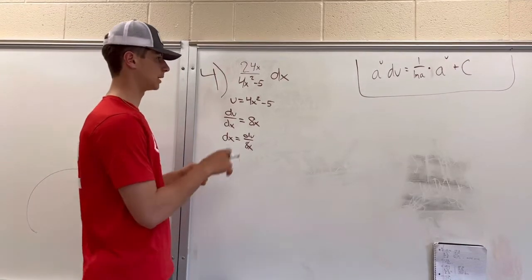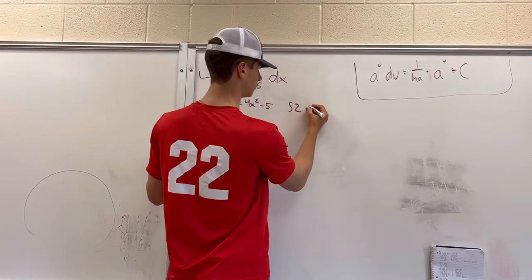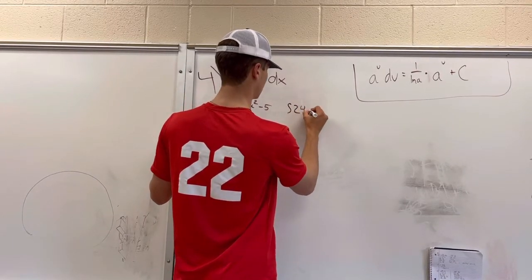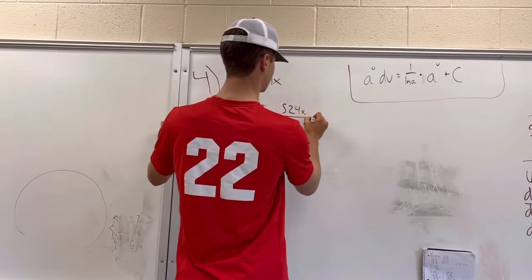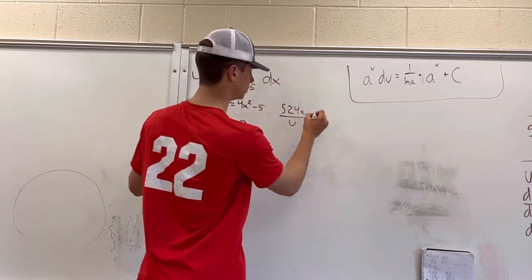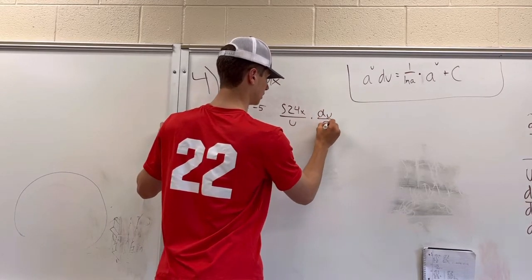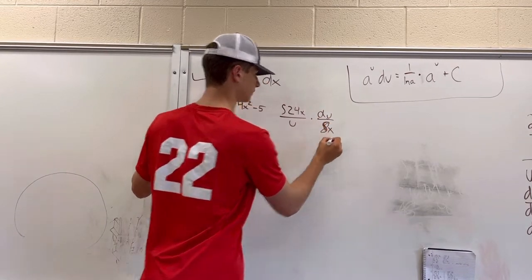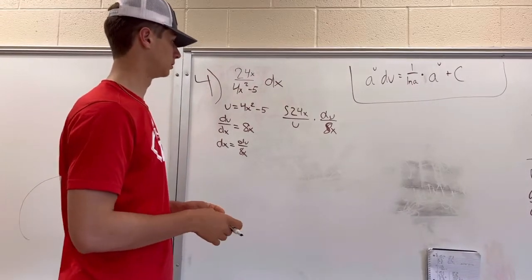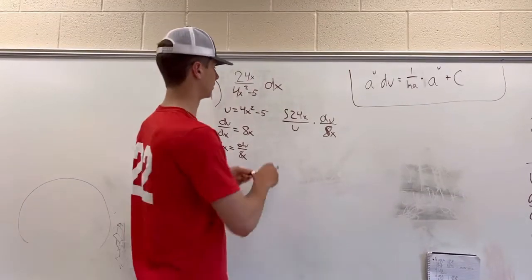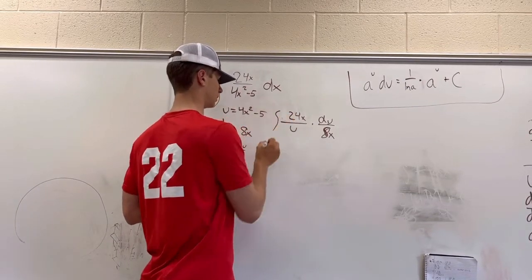So our next step would be, write it out here, the integral of x over u times du over 8x. Oh wait, sorry, I wrote the integral wrong. We put it in front of the whole thing.